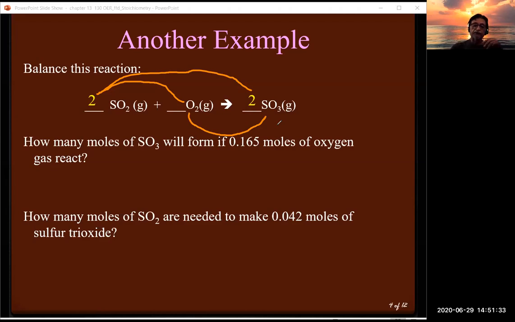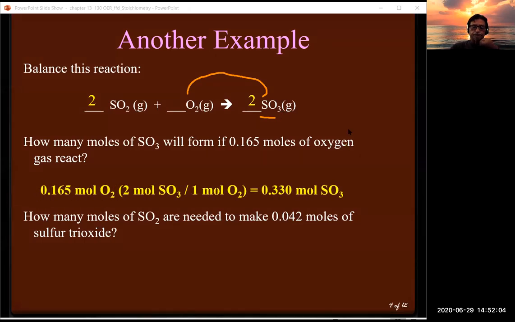All right. So the question is, how many moles of sulfur trioxide, figure that out, will form if 0.165 moles of oxygen reacted? And so all we're concerned about is between oxygen and sulfur trioxide. And that's a 1-to-2 ratio there. All right.